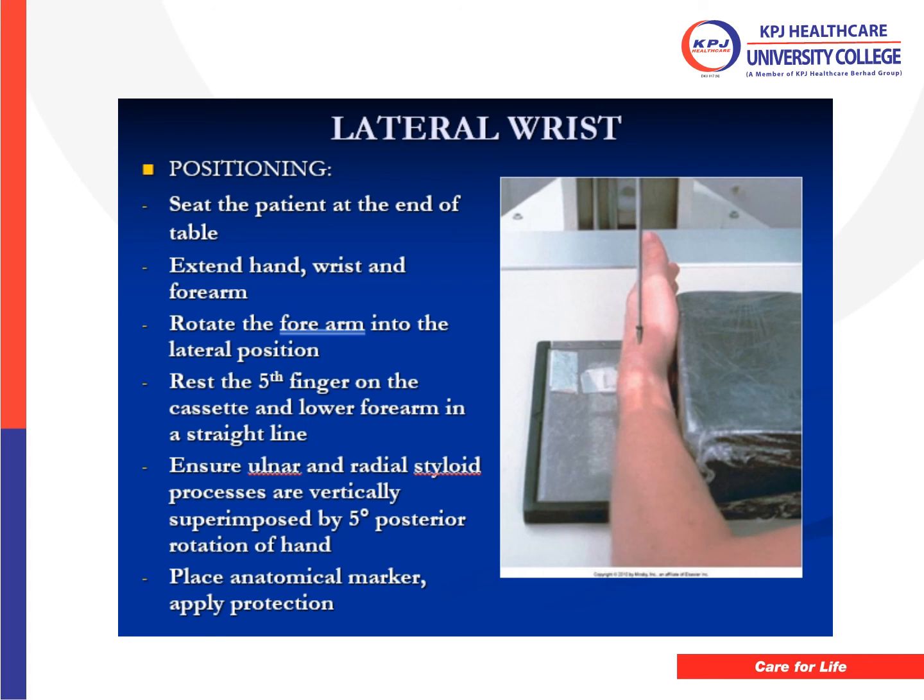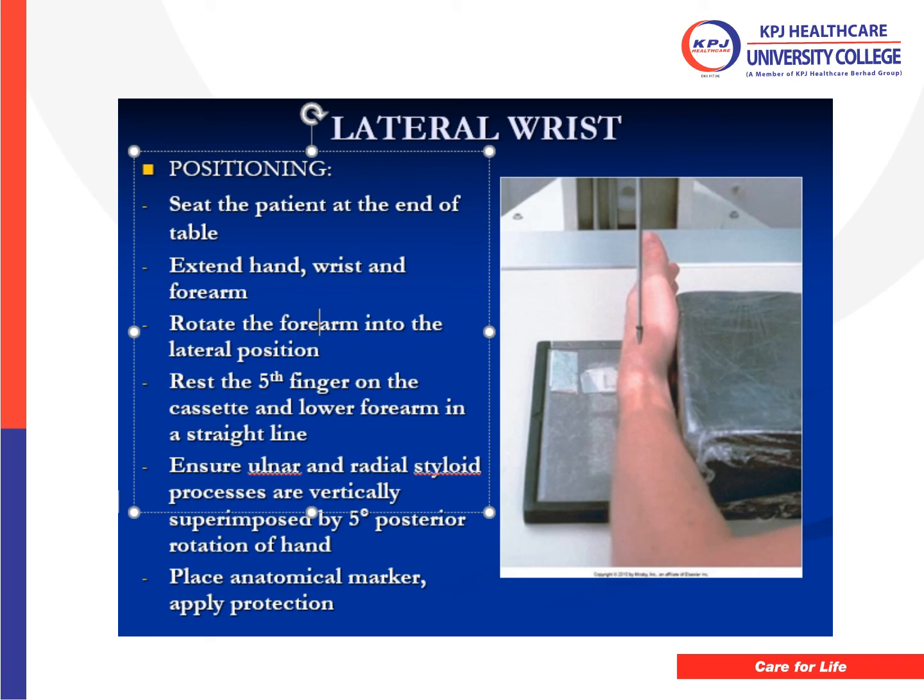Okay, so as usual you have to sit the patient at the end of the table, extend the hand, wrist, and forearm to make sure the part itself is in a straight line. Aesthetic value to be applied, and as well as the straight line here. So you want to ensure that it is straight. You place the immobilization aids for guidance to the patient. Take the forearm into the lateral position.